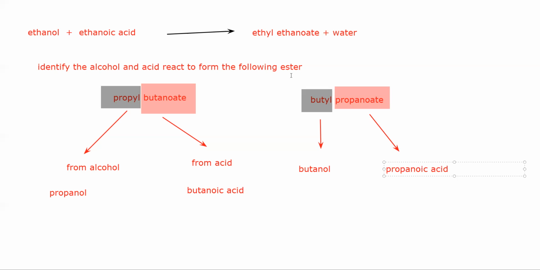Another example, if I say an ester is there, ethyl pentanoate. So we have ethyl pentanoate. Which alcohol and which acid react to form this ester?